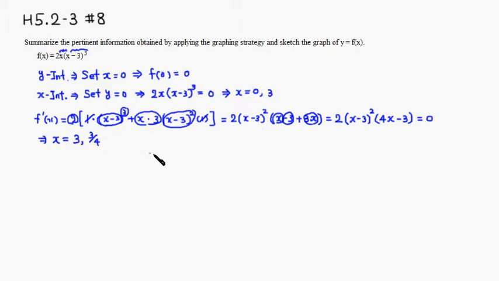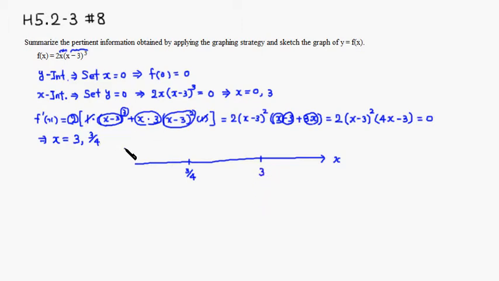We want to find the local max, so we're going to do a number line. I'm going to put 2 tick marks for 3 and 3 over 4. 3/4 is smaller, so we'll put it on the left, and 3 is larger, so we'll put it on the right.